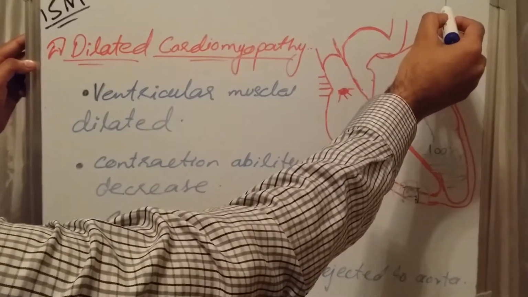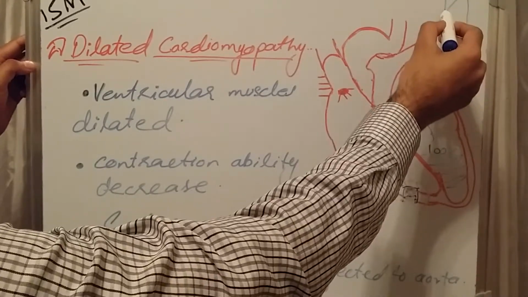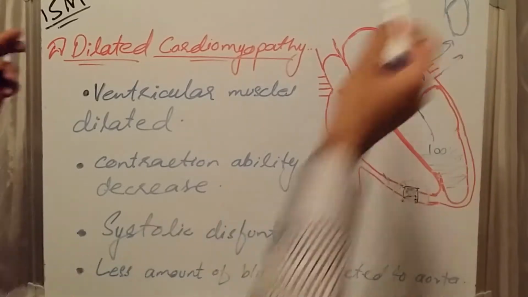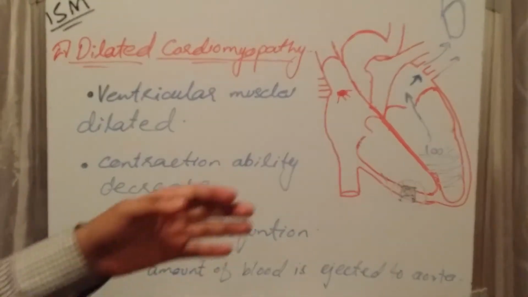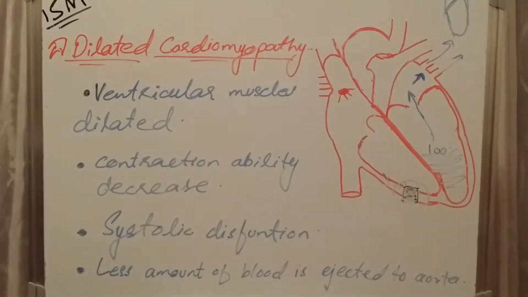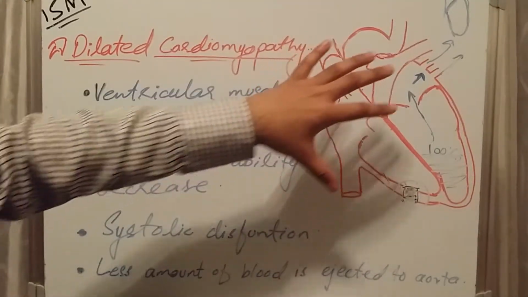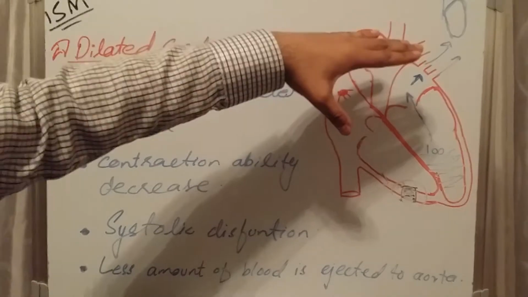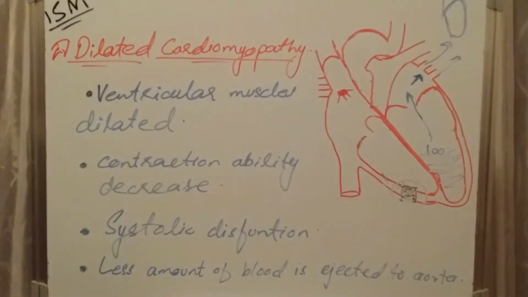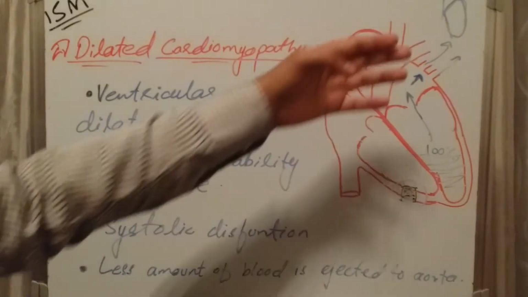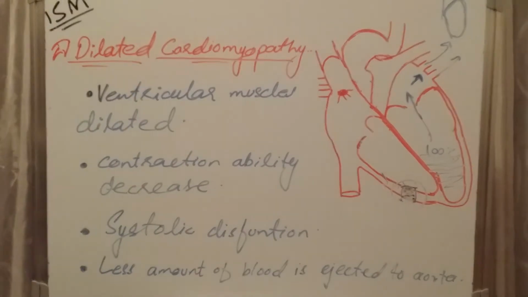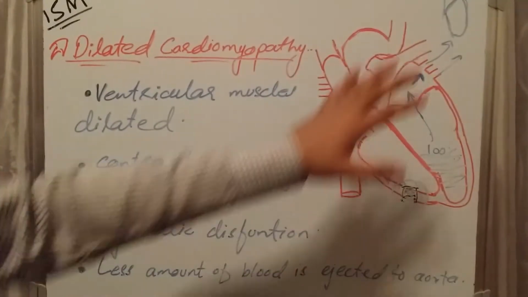So what will happen as a result of left dilated cardiomyopathy? As a result, the pressure is exerted on the lungs, so fluid resists coming from the lungs. This resistance against the fluid coming from the lungs causes pulmonary edema.